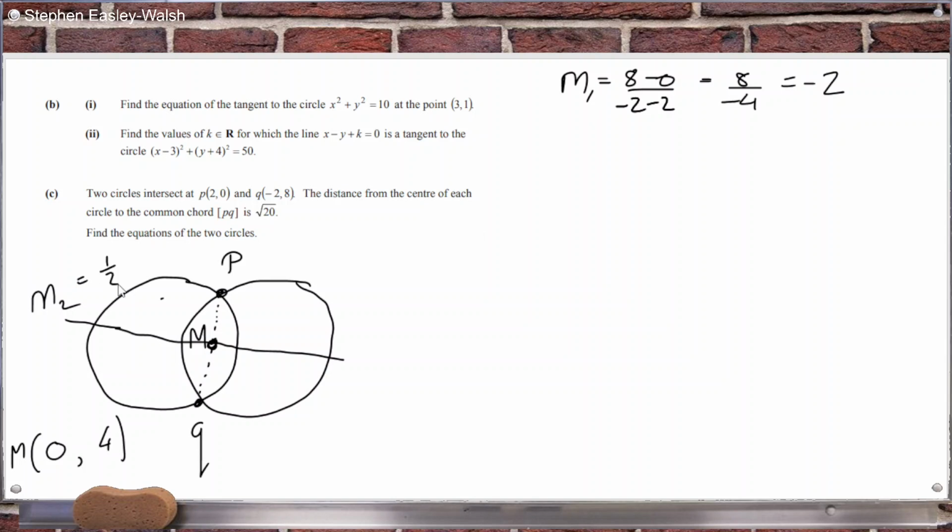Sorry, I realize it should be pointing upwards. So I have to travel a distance of root 20 along this line. That's an easy way to do that without having to use a distance formula.